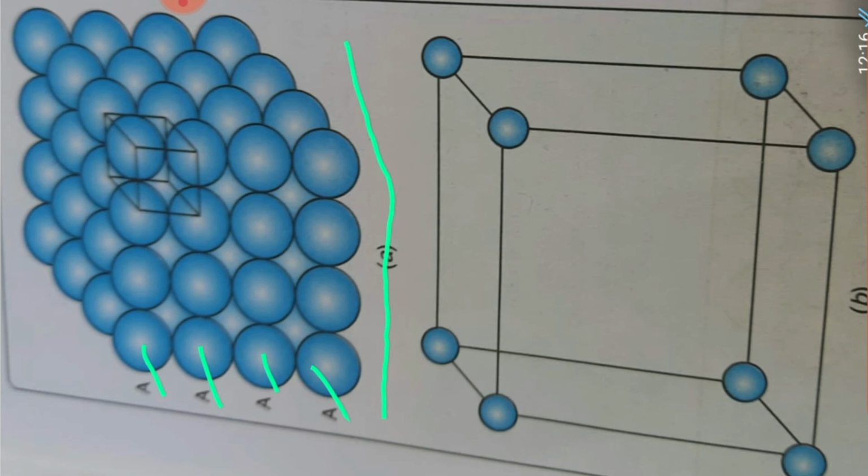That is why it is called AAA type close packing in 3D. Previously we wrote AA type close packing in 2D. Now it is called AAA type close packing in 3D.